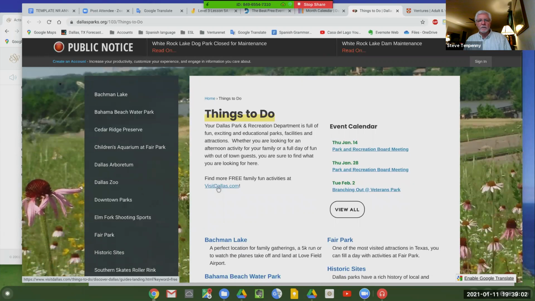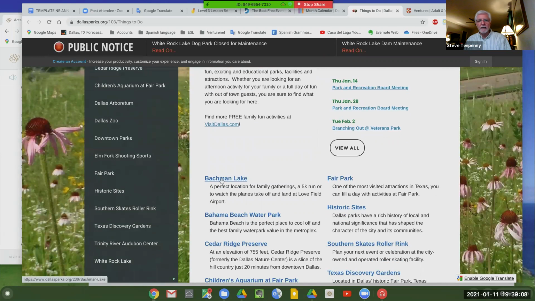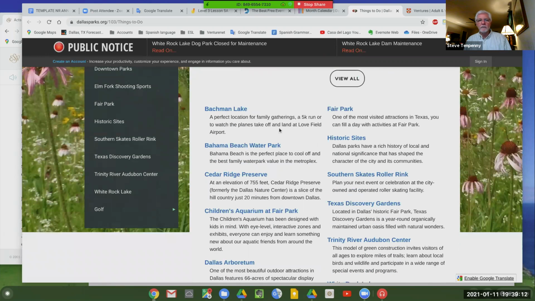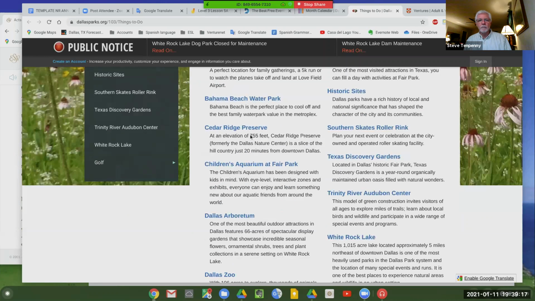Actually they tell you to go do the Visit Dallas one, which is the first one that we looked at. But here it talks about Bachman Lake. You have some things you can do there. Fair Park. You have a water park. Cedar Ridge Preserve. This is something down near Duncanville. I've actually been there. It's very nice.